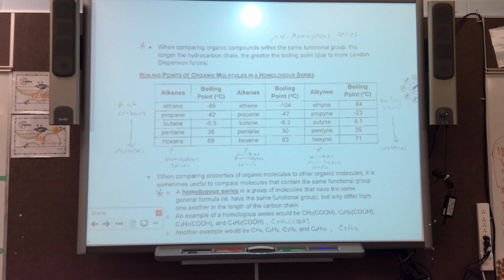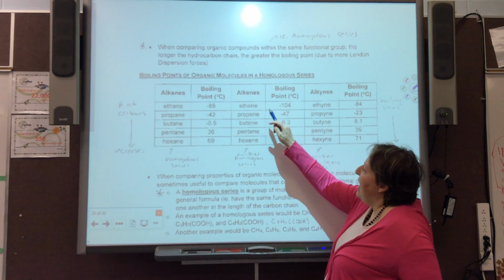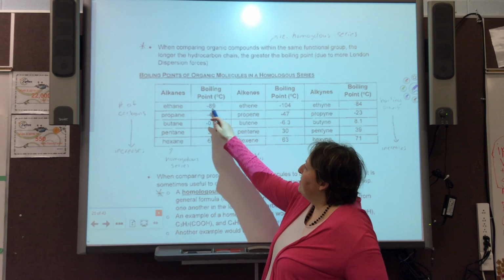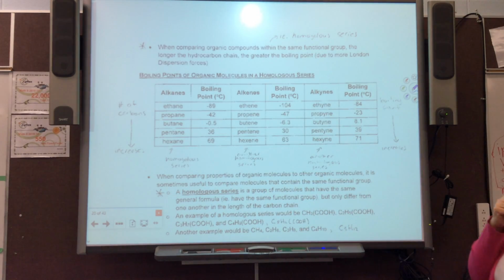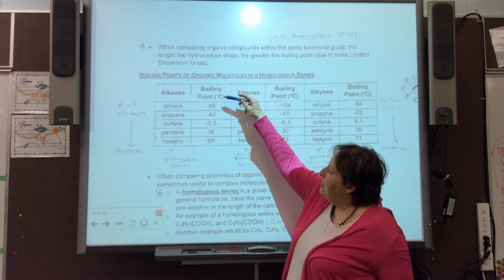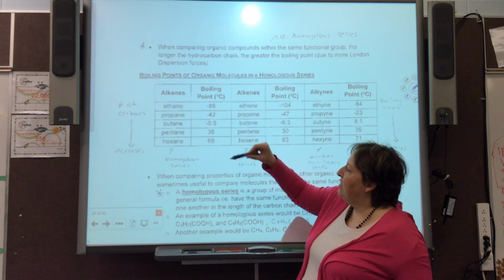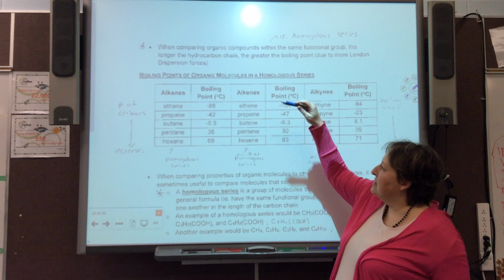Homologous means that they're in the same family, differing in the number of carbons. So here, ethane, propane, butane, pentane, hexane. These are all alkanes. We see that this follows the pattern: this has got the lowest boiling point, and this has the highest boiling point as we increase the number of carbons.